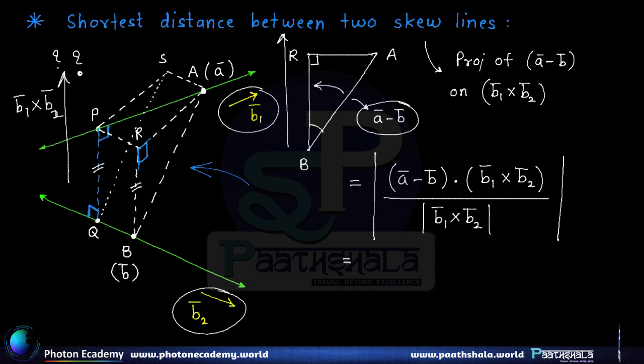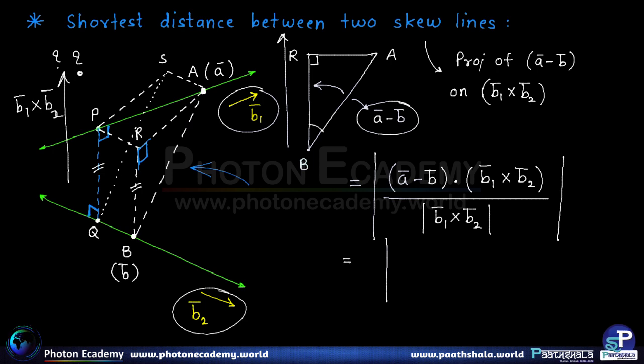Of course, this formula can also be remembered in a different, simplified manner. That is, the first row is x1 minus x2, y1 minus y2 and z1 minus z2, because it is the subtraction of coordinates of a bar and b bar.